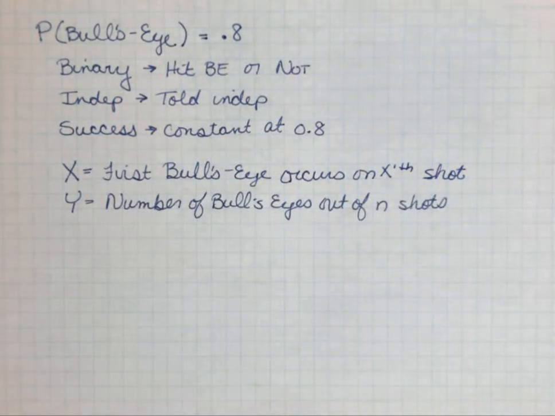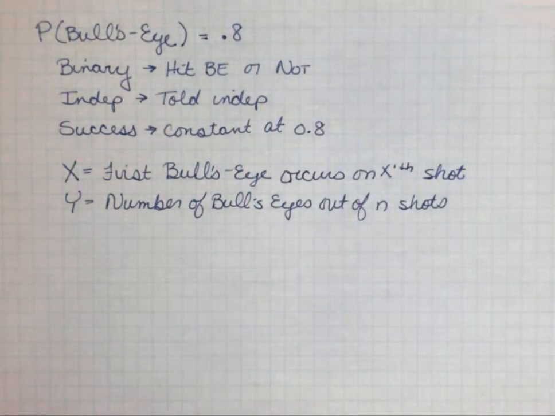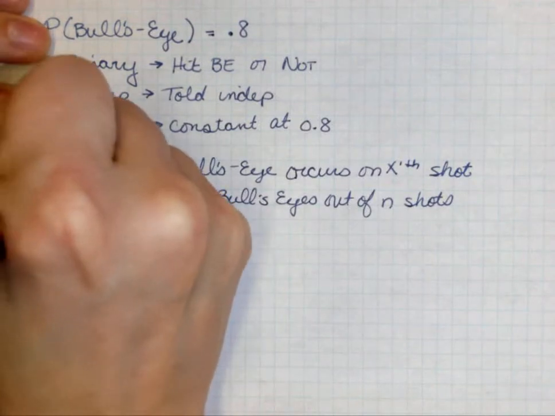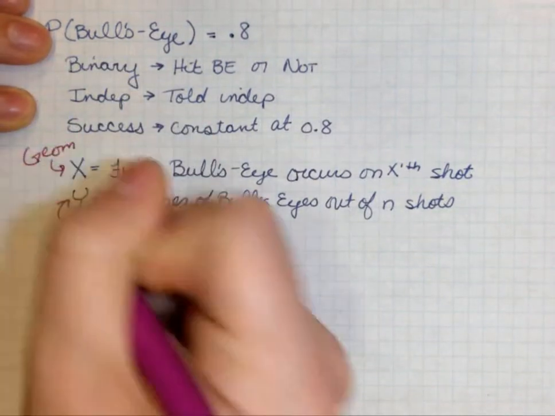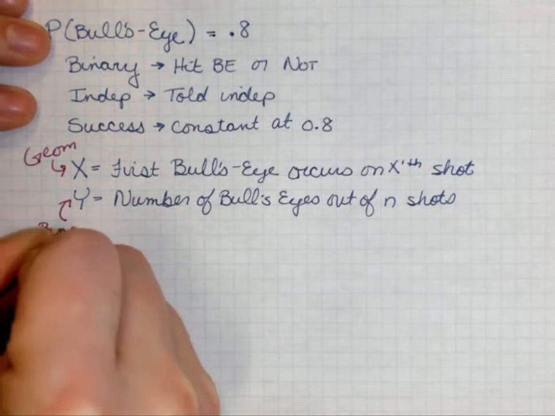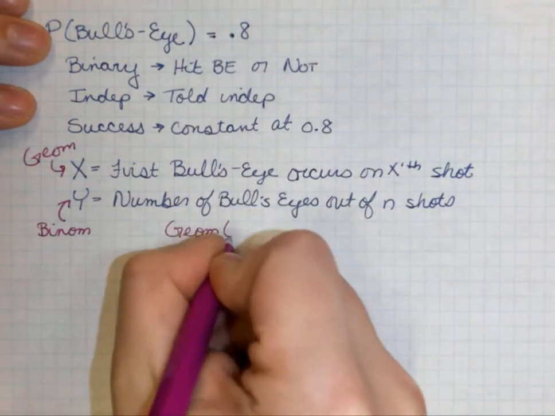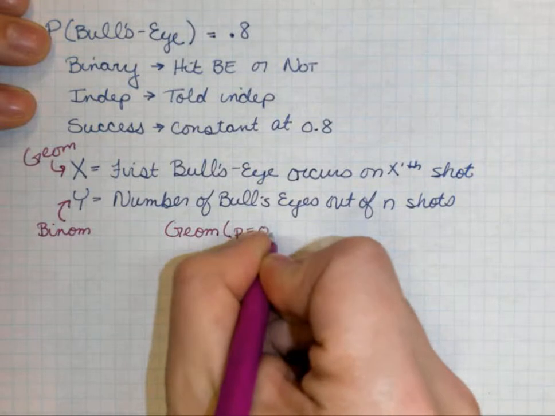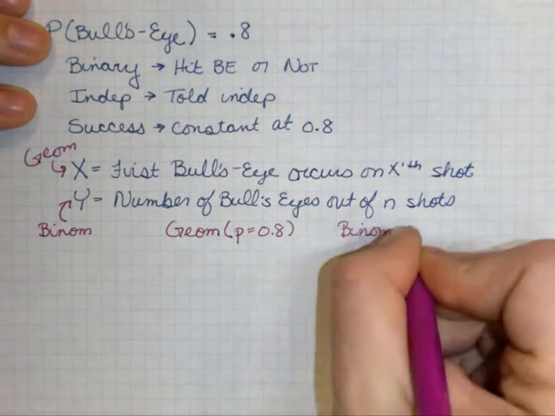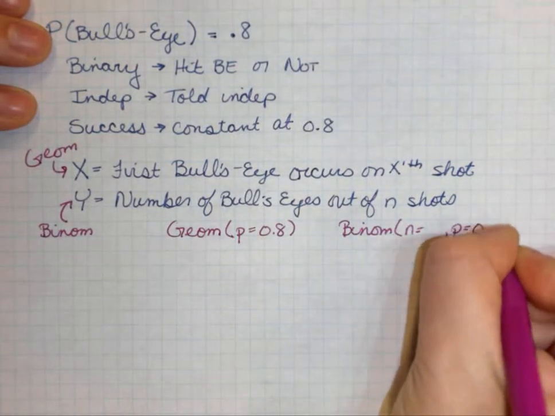Okay? What kind of distribution is going to use X? This guy is my geometric. What kind of distribution will use Y? Binomial. So when I'm talking about geometric, my distribution will be geometric with P equal 0.8. When I'm talking about my binomial, I will have N equals something, P equals 0.8.